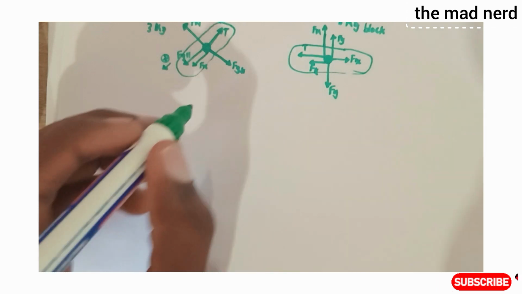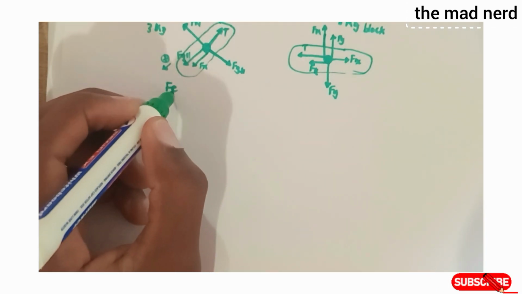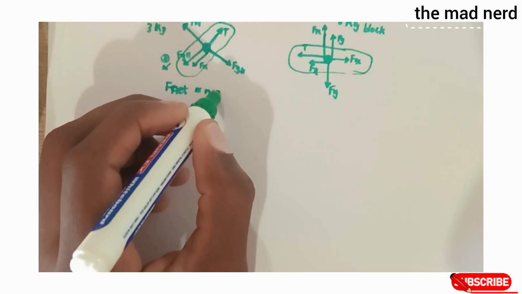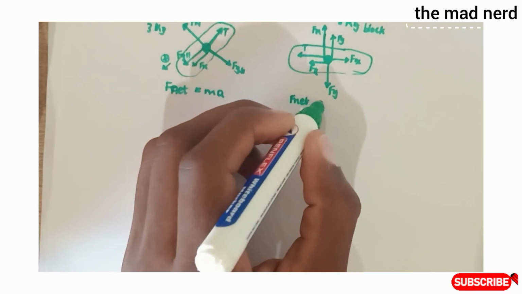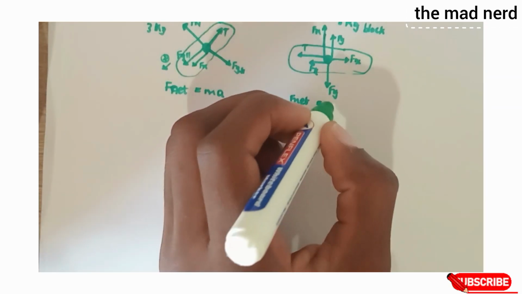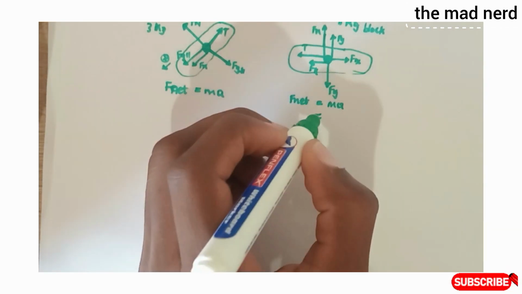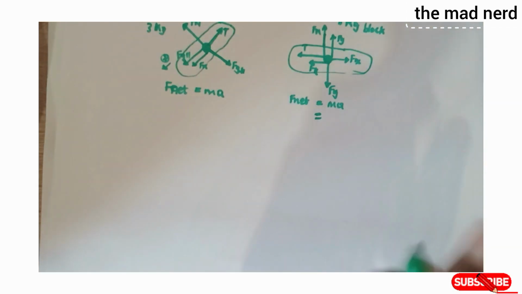So I can say F net is equal to MA for the 3 kg block, and F net is equal to MA for the 8 kg block. What can I do now? I can find the acceleration for the system.